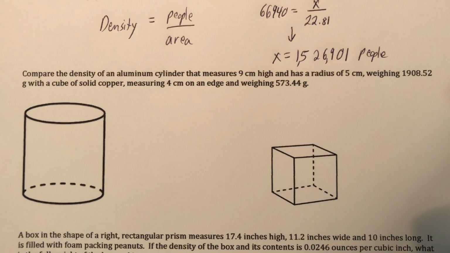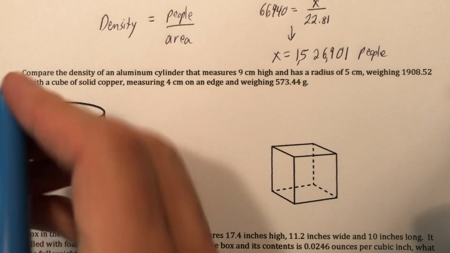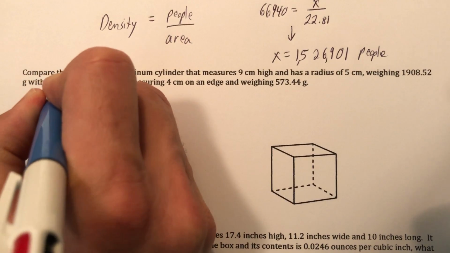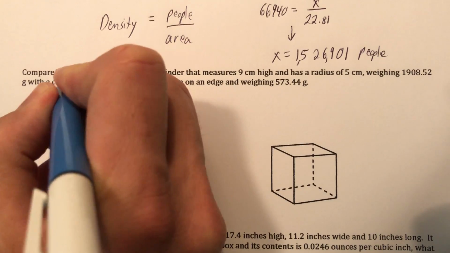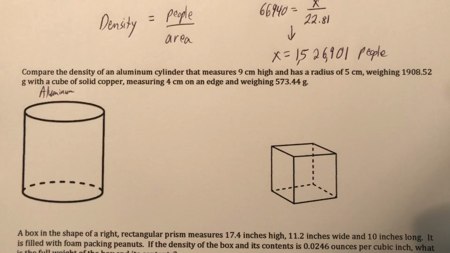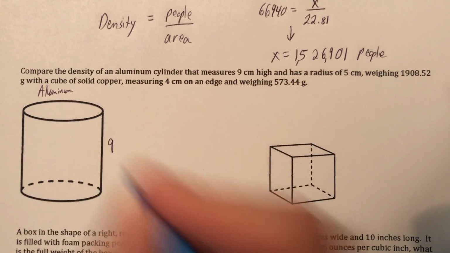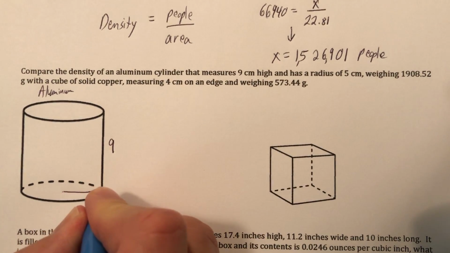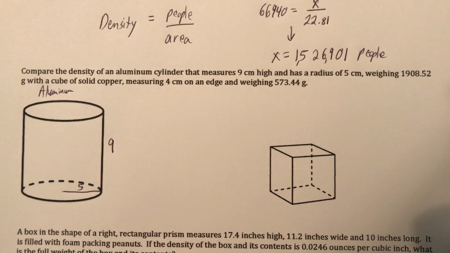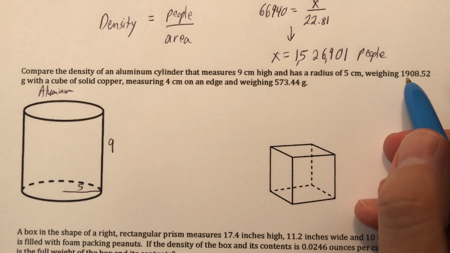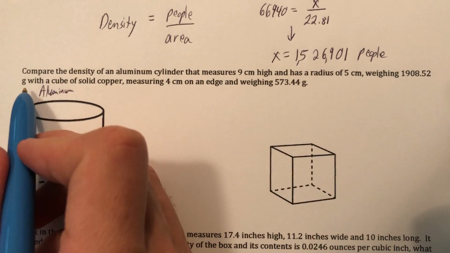So we're going to compare the density of an aluminum cylinder. So this one's going to be aluminum, which is a pretty lightweight metal. Aluminum cylinder that measures 9 centimeters high, has a radius of 5 centimeters. And it weighs 1908.52 grams.